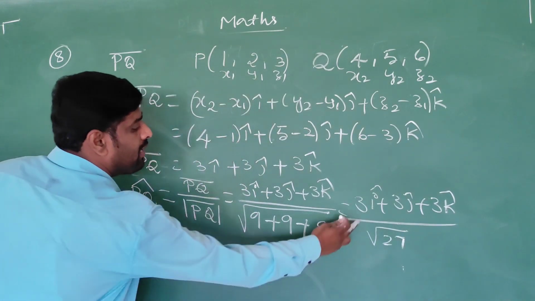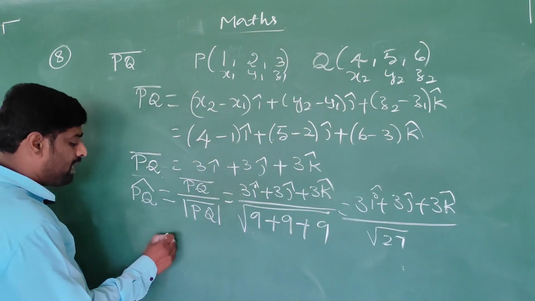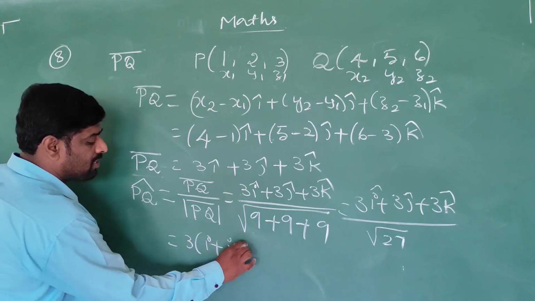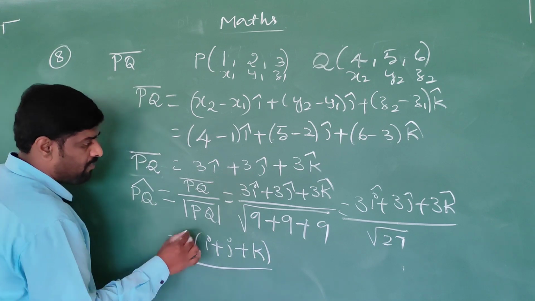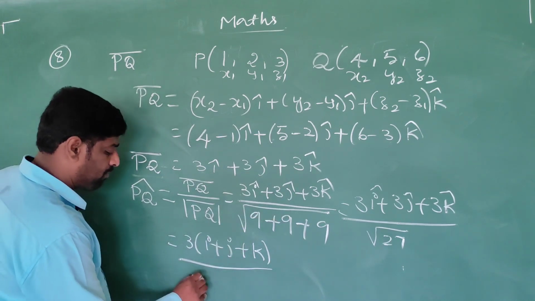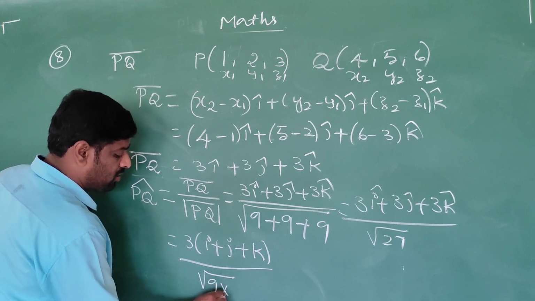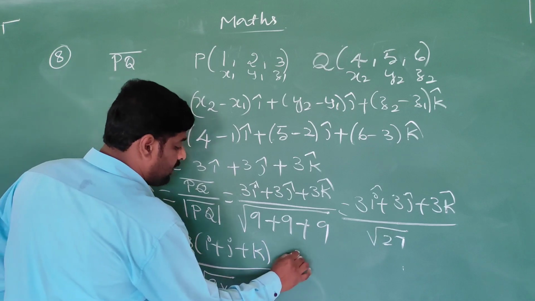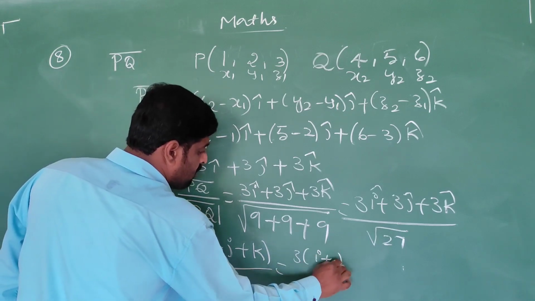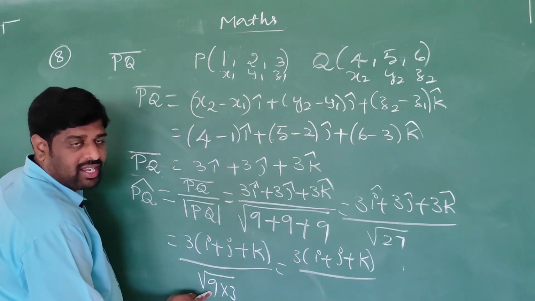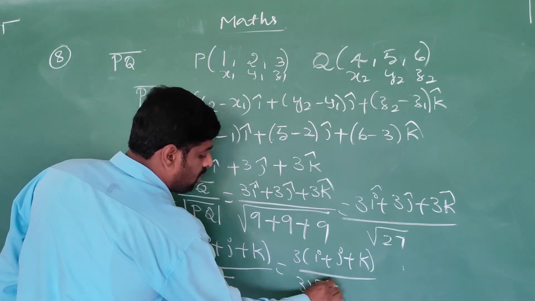Okay, and in the numerator I can take 3 common, 3 of i plus j plus k, divided by root 27, which can be written as root of 9 into 3. The square root of 9 is 3, so that is 3 of i plus j plus k divided by 3 root 3.